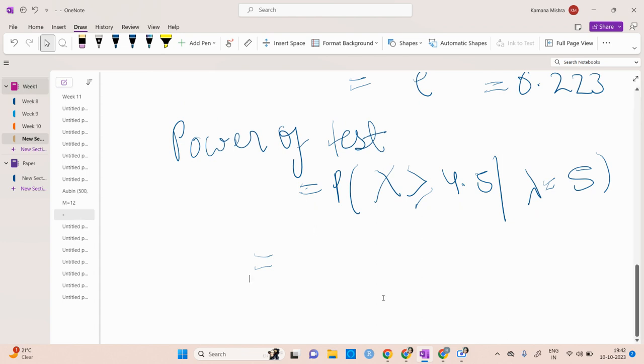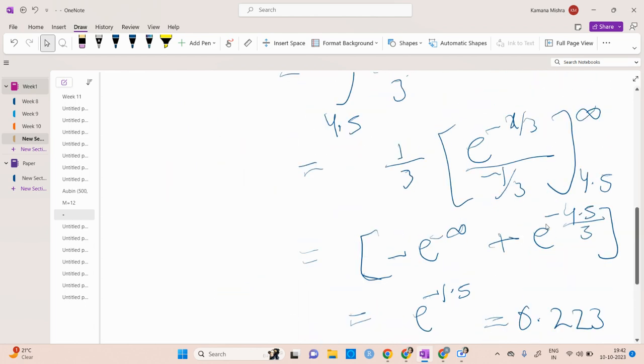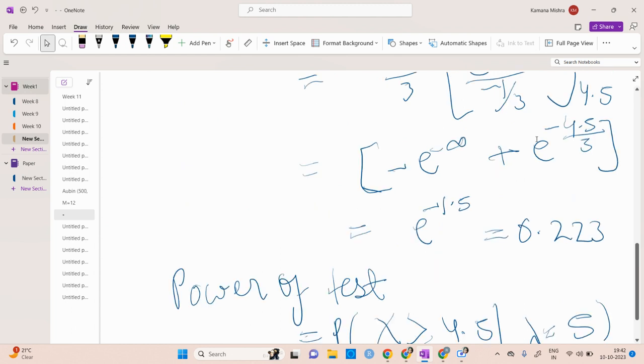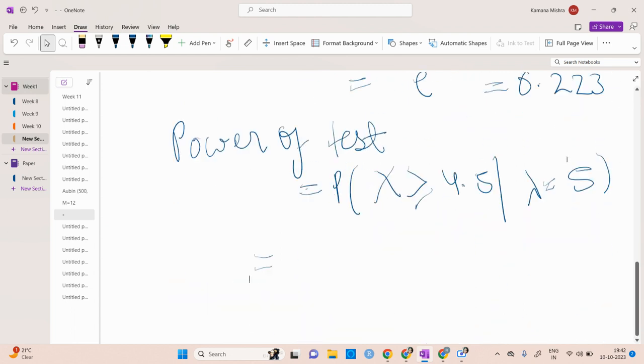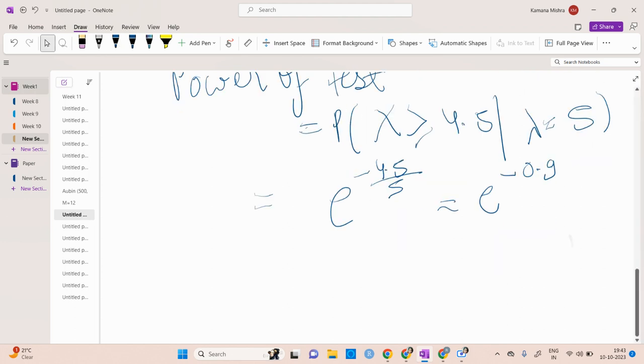Okay, so now this probability, we can see this is same as this. In the place of here, we just need to change the lambda value. So it will be e to the power minus 4.5 divided by 5, so it will be e to the power minus 0.9, right?